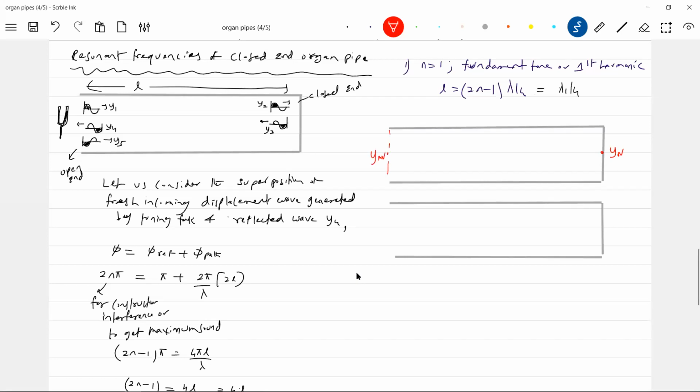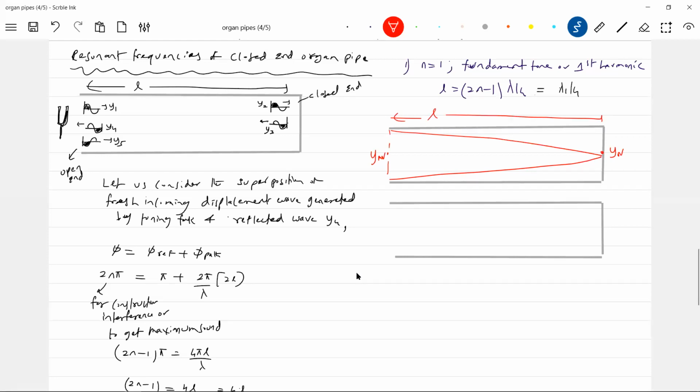Then the length of the pipe equals lambda 1 by 4. So what should we get? We should get only a half loop. Length of the pipe is lambda 1 by 4.